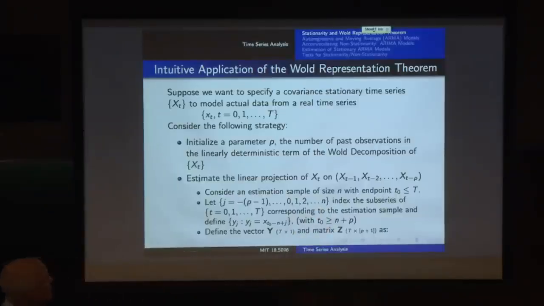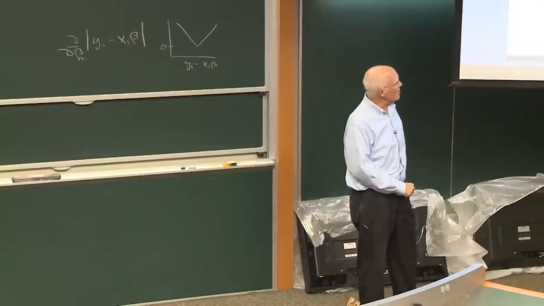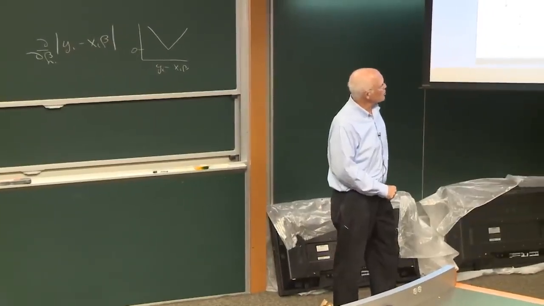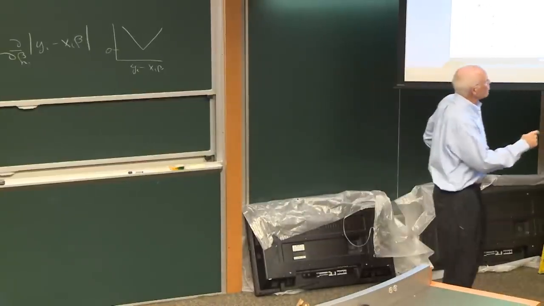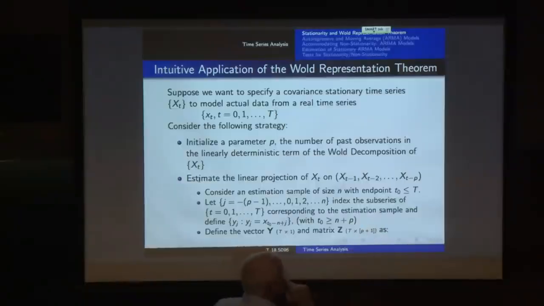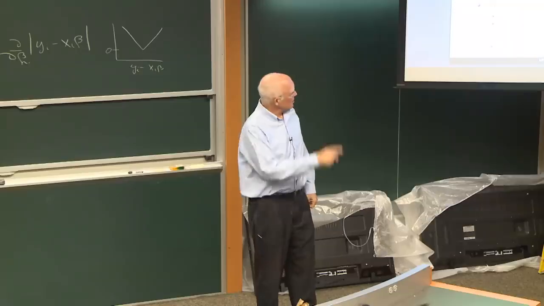And so what I want to do is consider estimating that relationship using a sample of size n with some ending point t naught less than or equal to t. And so we can consider y values, like a response variable, being given by the successive values of our time series.